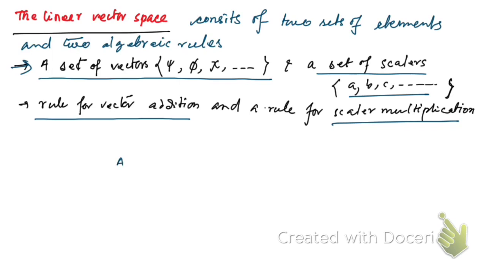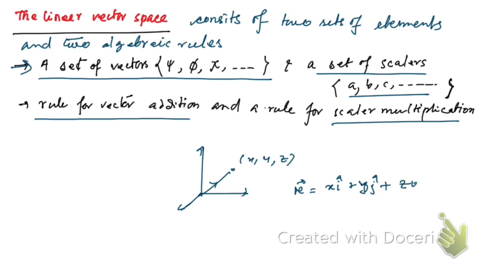The usual form of vector we have learned till now: suppose we have a point in this three-dimensional space, x comma y comma z, and its position vector is given by x i cap plus y j cap plus z k cap. So this consists of two sets.